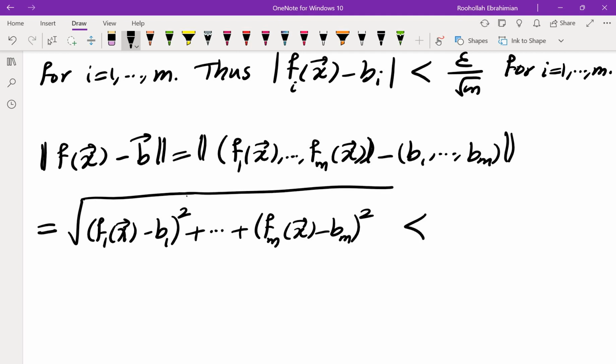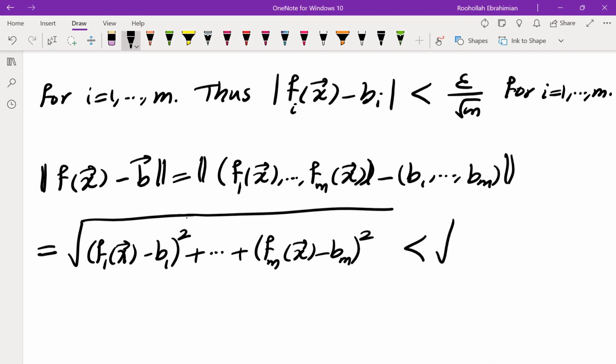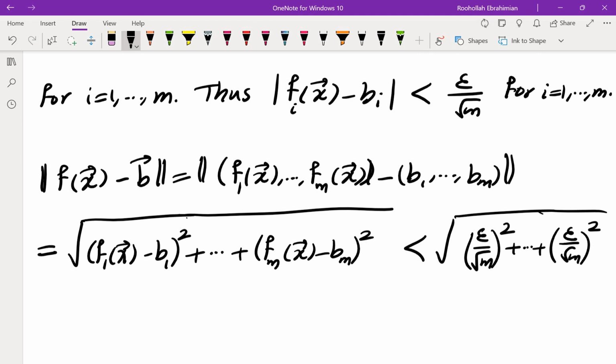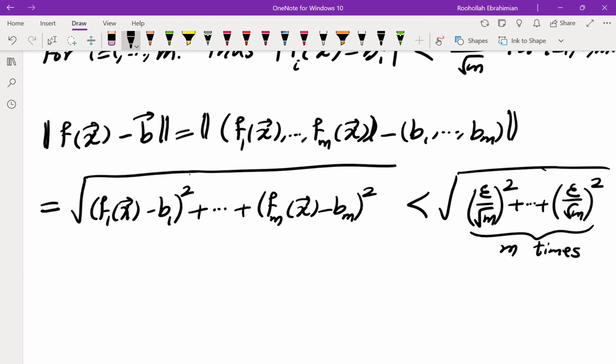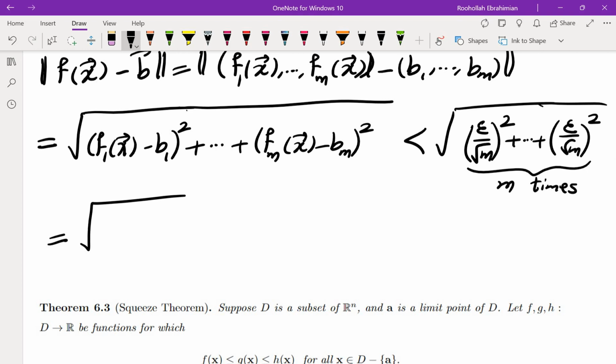Now each one of these is less than epsilon over root m, so this would be the square root of (epsilon over root m) squared, and then you'll have to add this to itself m times. And this becomes the square root of m times (epsilon over root m) squared, which is epsilon.